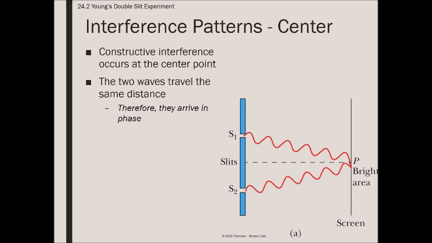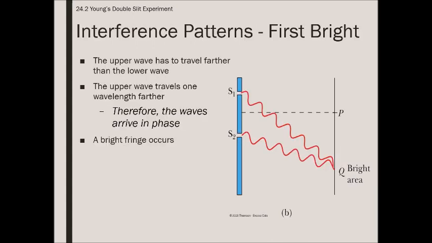So what causes this interference? Well, we have constructive interference if the light arrives at the screen in phase. So basically here, if we're traveling two equal distances, so this distance is going to be R1, and this distance is going to be R2, if those two distances are exactly the same, or if they are one wavelength off, then they're going to arrive in phase and you'll have constructive interference.